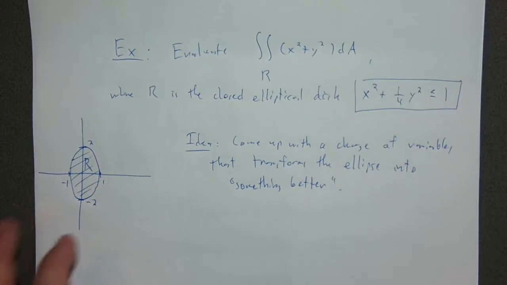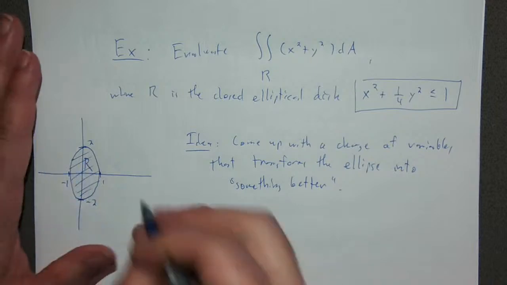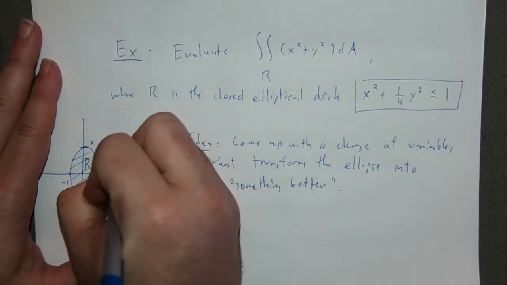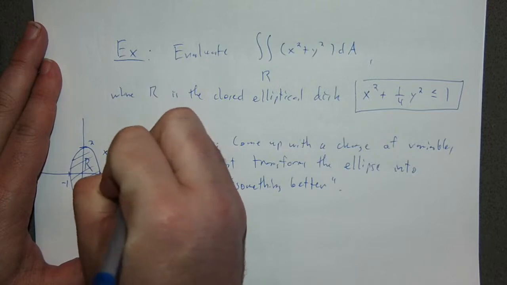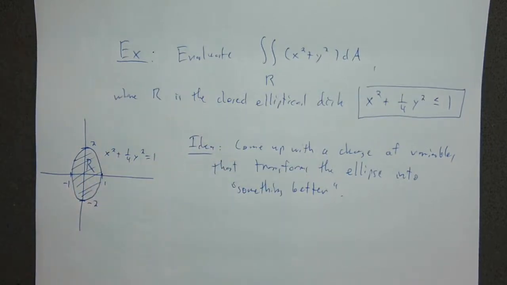The hint that I've given you is that I want to use polar coordinates here, so it's more or less obvious what the something better has to be, right? I want to change this closed elliptical disk into a circular disk. So I want to change that boundary ellipse, which is the ellipse x squared plus 1/4 y squared is equal to 1, into a circle.